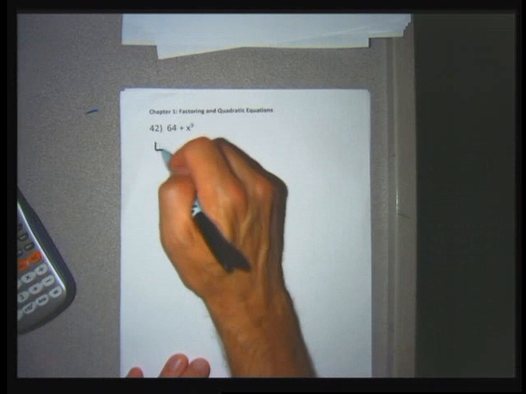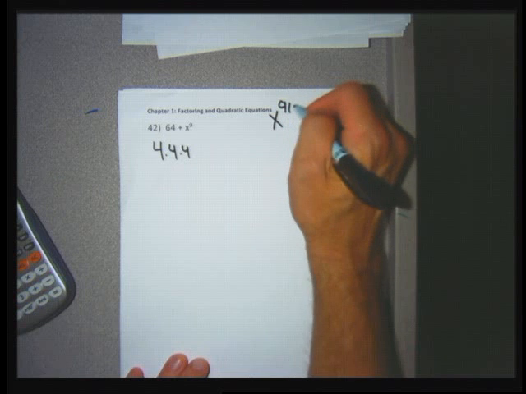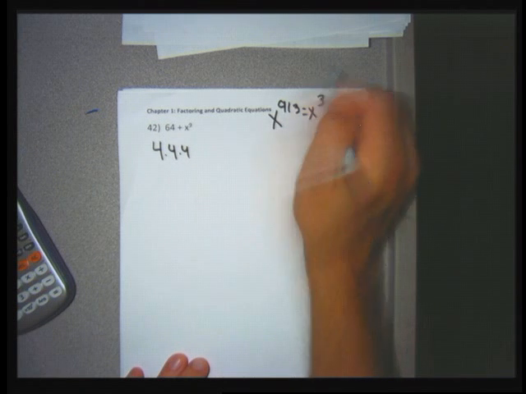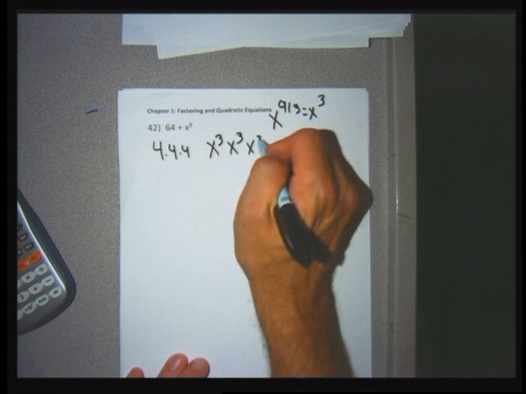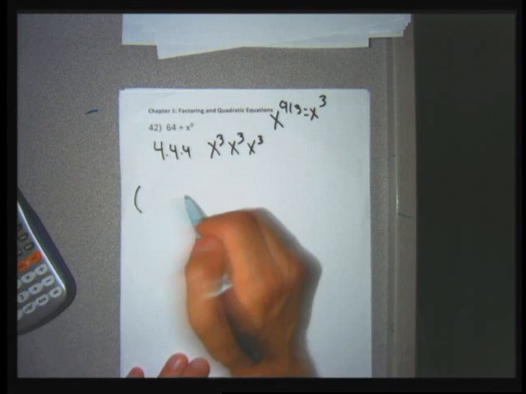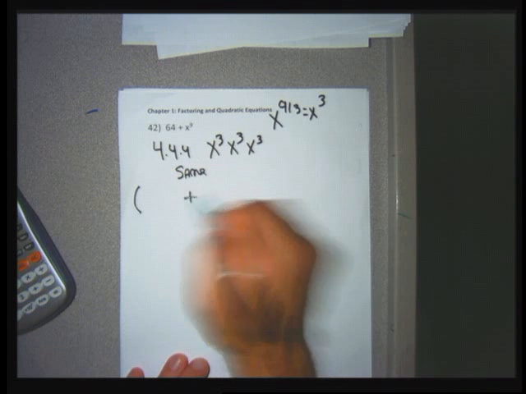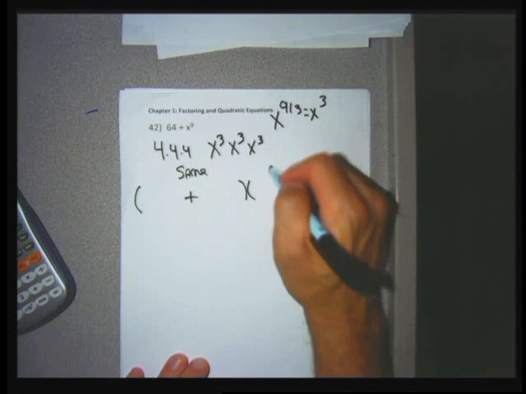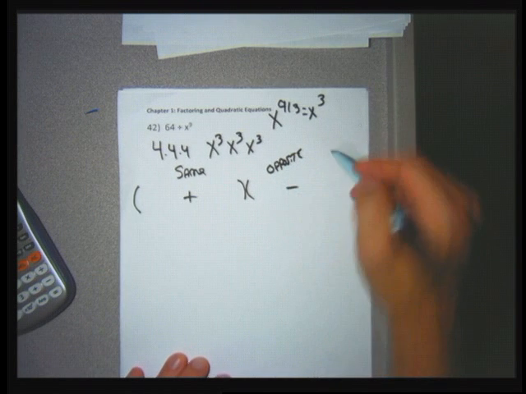64 is 4 times 4 times 4. And for the x, I divide its exponent by 3 and get an x cubed. So it's going to be an x cubed, x cubed, x cubed. Template for the signs: get the same sign as the problem. The problem has a plus sign, so the same sign is plus. Then the opposite sign from the original problem, the opposite of plus is minus.